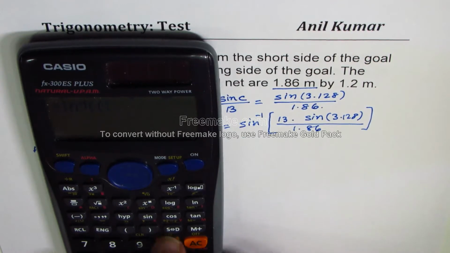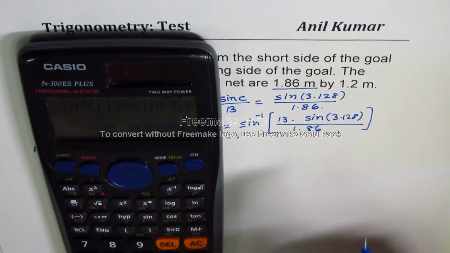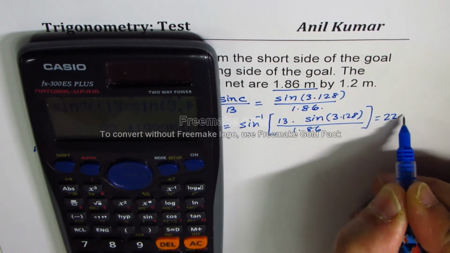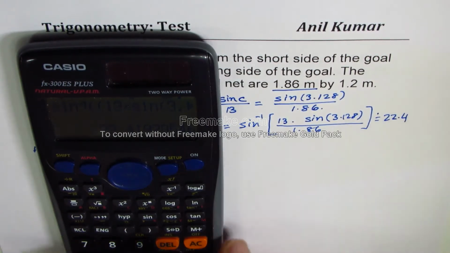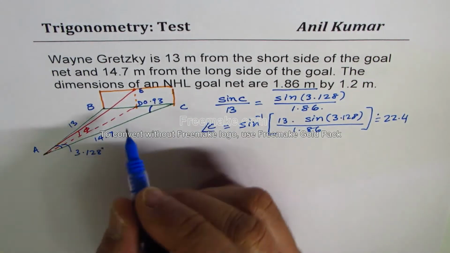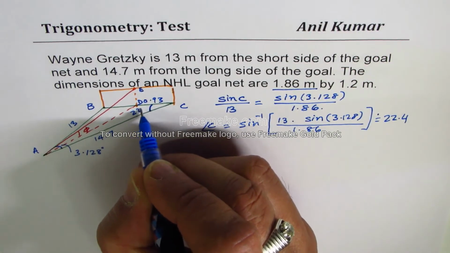So we have 13 times sine 3.128, bracket close. That's for the numerator. Okay, and divided by 1.86, another bracket close. Okay, so that gives you the angle as 22.4, will approximate to 22.4, correct? Okay, so this angle is 22.4.